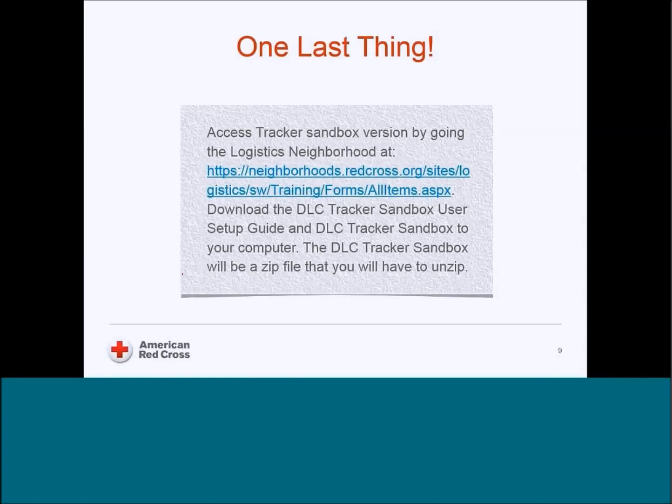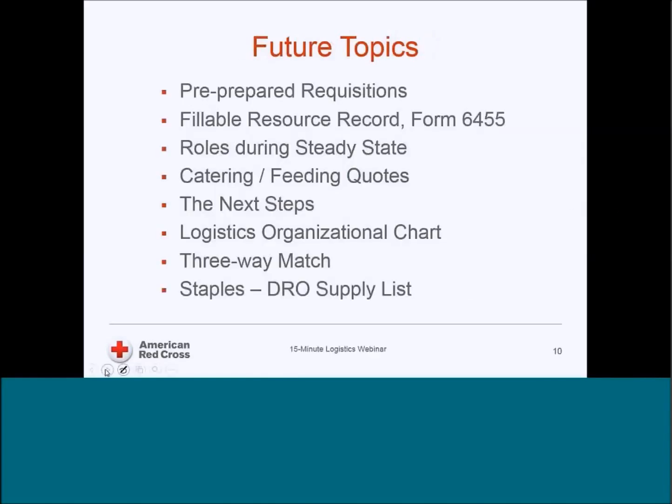You can do that by going to the logistics neighborhood, and there are links to that. Some people get a little confused about what a sandbox is. That's just the area where you can go in and play with the system. You're not going to do any damage or hurt anything, but you can just go and play with tracker in the sandbox environment. So that's the one last thing I wanted to remind you about.